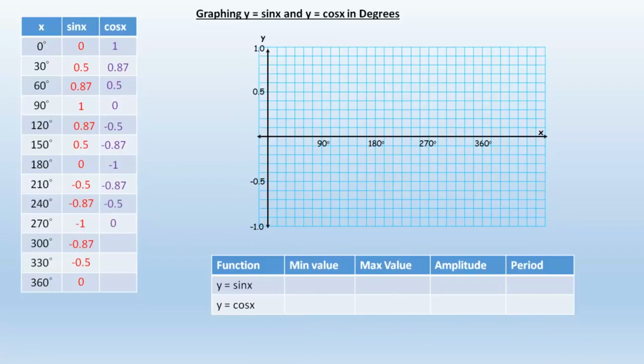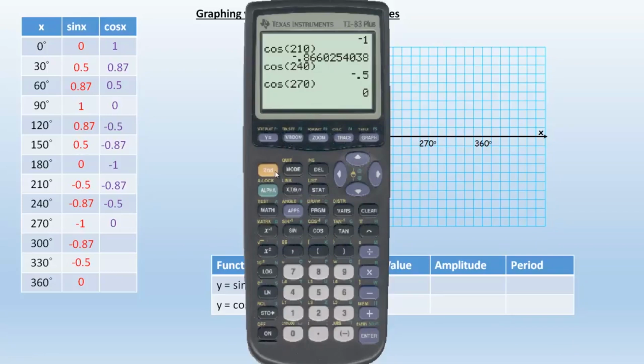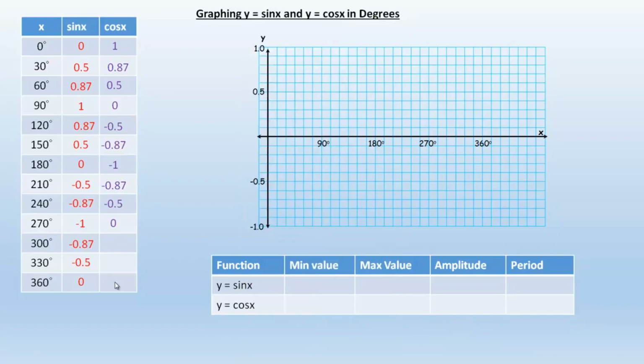And 3 more in the 300s. 300. 330. So that's going to be 0.87. And you might guess that 360 is back to 1. So 0.5, 0.87, and the 1.